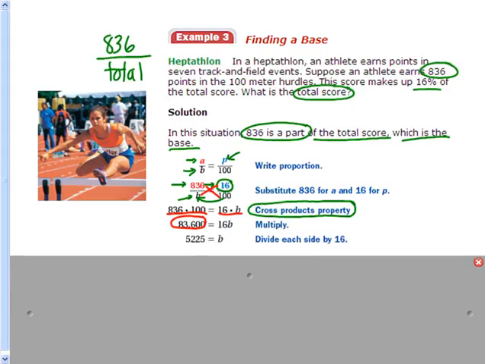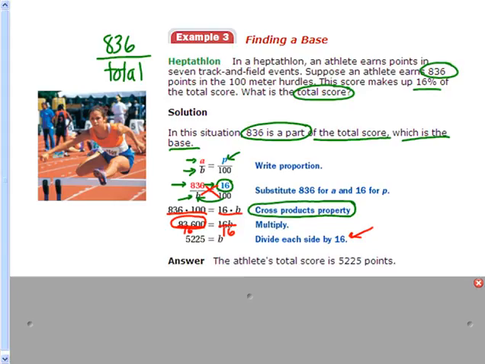Now, they're not showing this, but they're telling us we're dividing each side by 16, which again, you could do using long division, you could do it using partial quotients. These are big enough numbers where I think it's justified to use a calculator. I think most adults would. If you divide 83,600 by 16, you'll get 5,225.